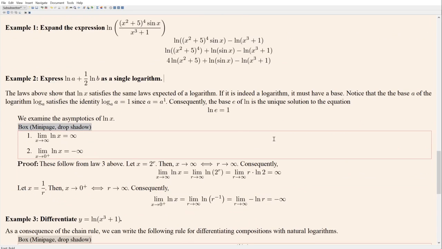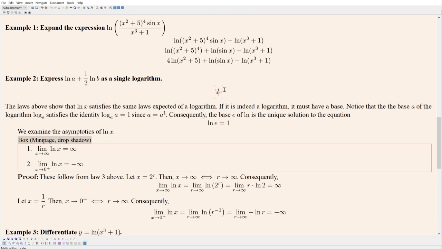We could do the laws of logarithms in the opposite direction. So instead of taking one big logarithm and splitting it apart, we could take a fractured expression like this and compress it into a single logarithm. So, for instance, here we have a 1/2 in front of the log. Well, I can pull that inside and turn it into an exponent.